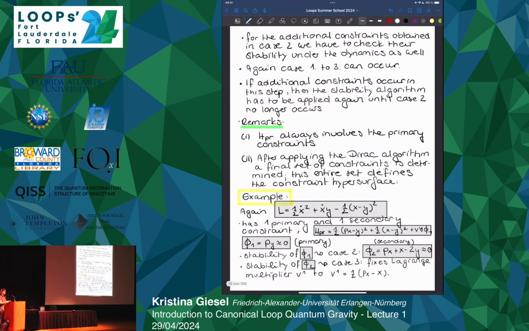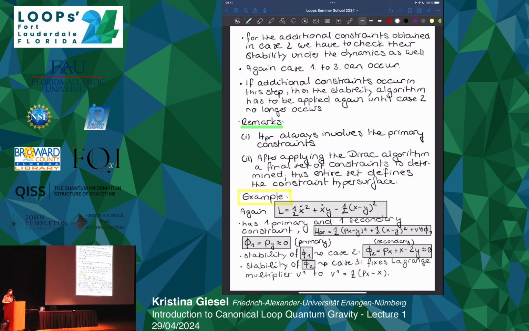So which means if you have checked which cases your primary constraints belong to, you are done in case 1. You get additional constraints that you have to add to your system in case 2, and you fix a certain subset of Lagrange multipliers in case 3. Now, for those additional constraints, you also want to have them stable under the dynamics.